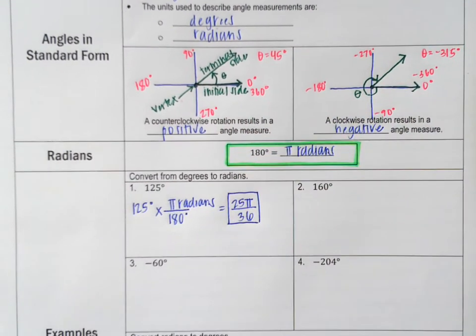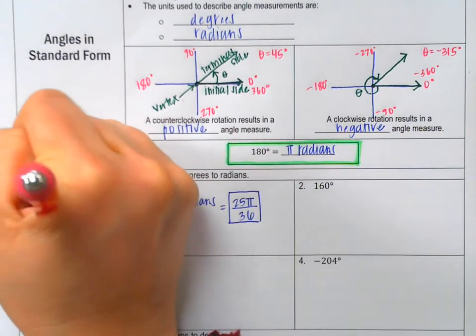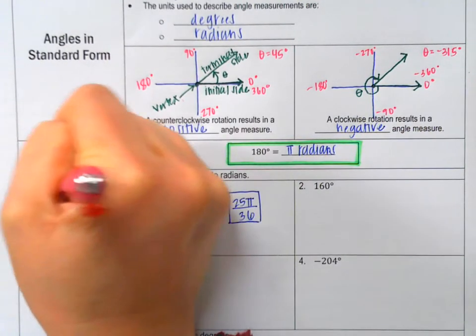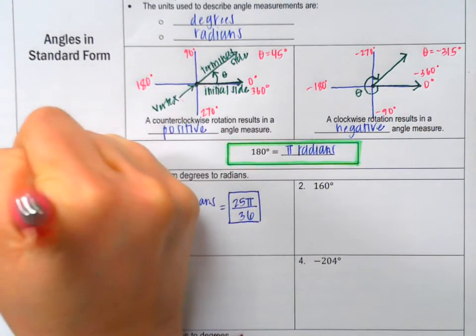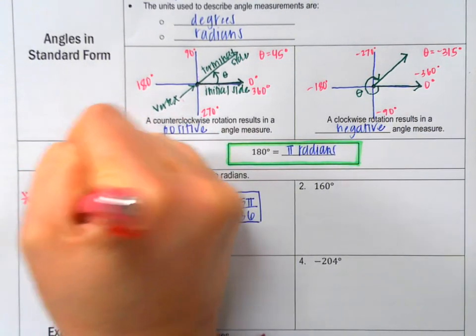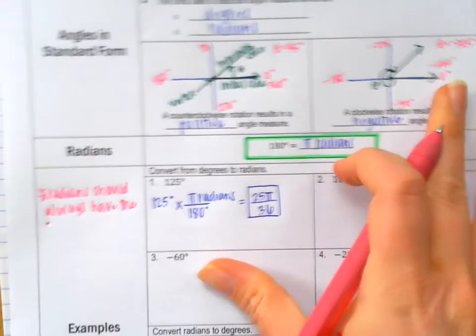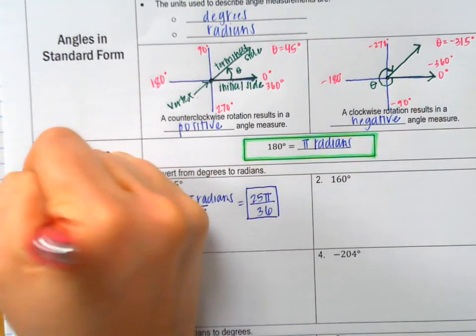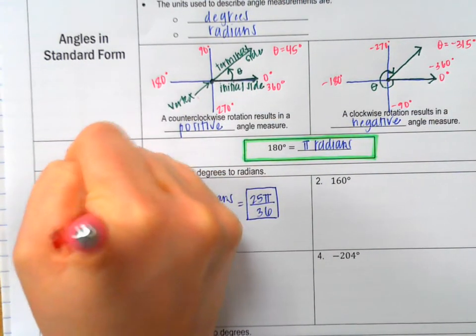So one thing I want to note about radians. Radians should always have the pi left in the answer, typically. In ours, you will.